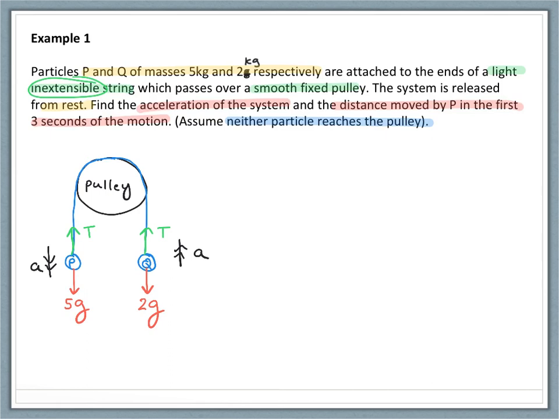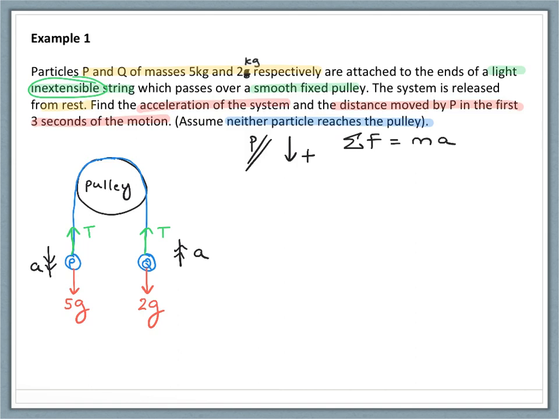Now, let's have a look at our calculations. So we're going to start with particle P, and this is vertical motion. We need to make sure we choose a positive direction. Because P is moving downwards, I'm going to choose down as positive. Newton's second law of motion tells us resultant force equals mass multiplied by acceleration.